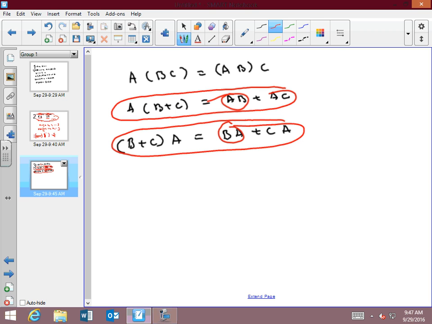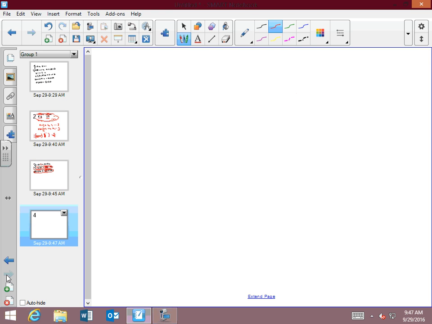And then you can do scalars. You can do that: R times AB. And you can multiply R times A and then do your B, or you can do A and do your R times B. That'll work.